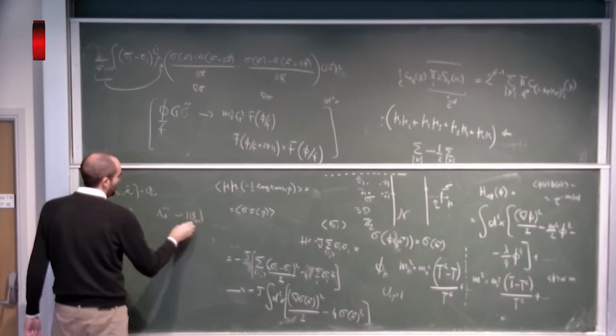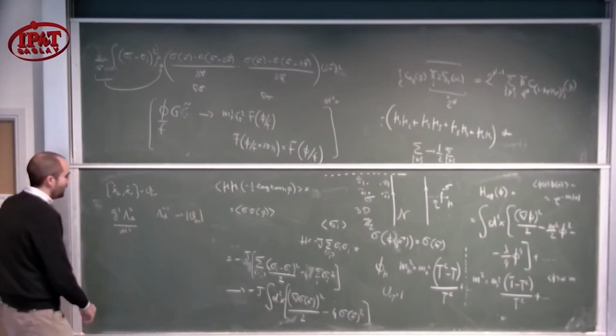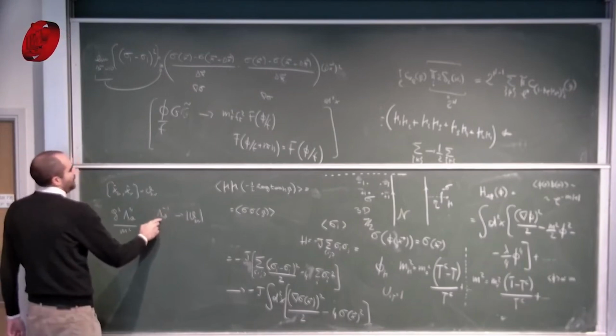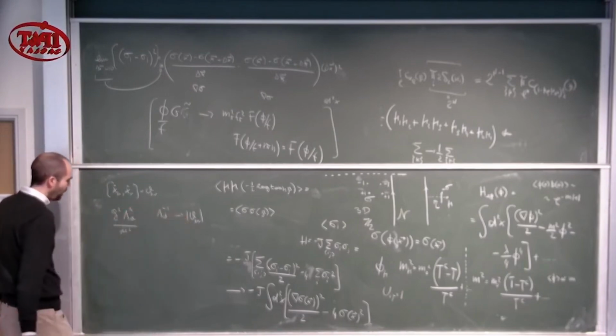Let's say all the eigenvalues are roughly of the same order, lambda theta. So this lambda is an energy scale, so the inverse is the eigenvalue of this matrix.